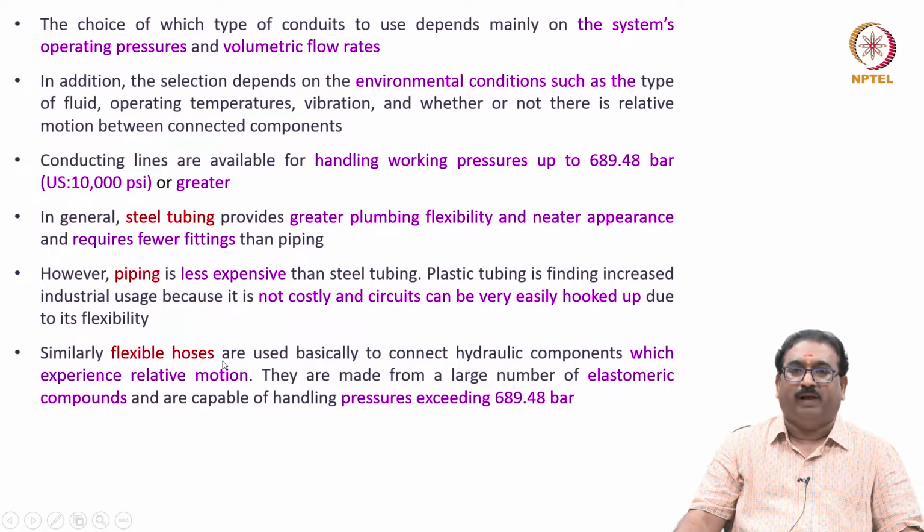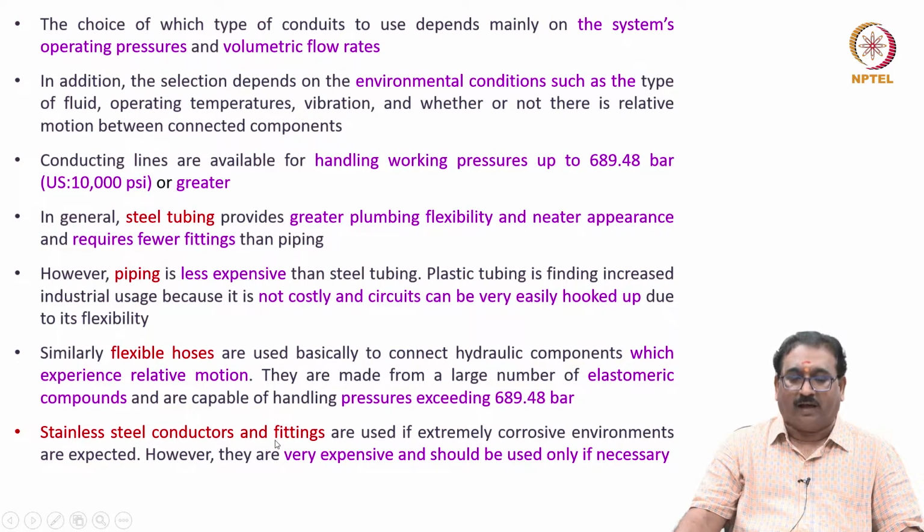Similarly, flexible hoses are used basically to connect hydraulic components which experience relative motion. They are made from a large number of elastomeric compounds and are capable of handling pressures exceeding 689.48 bar.